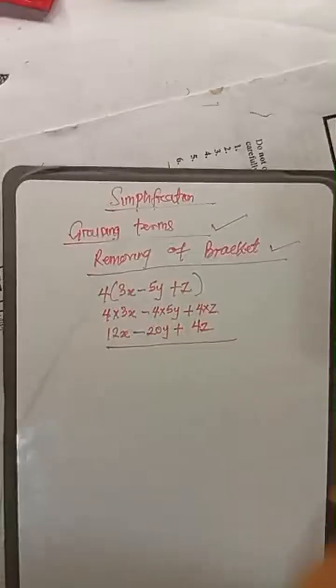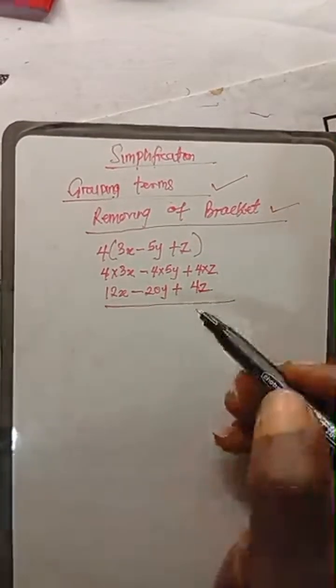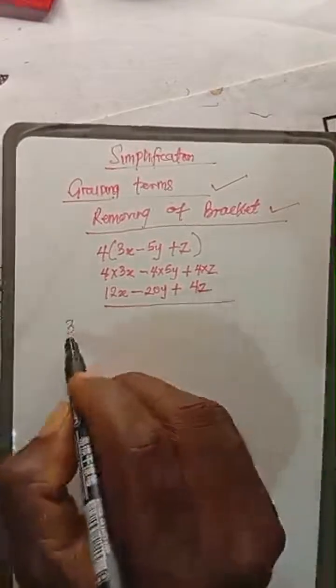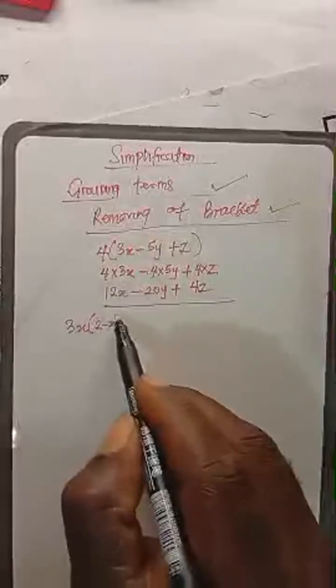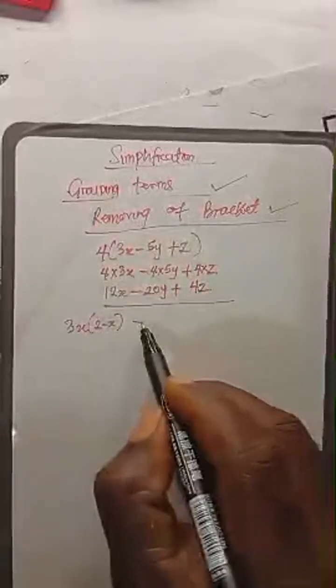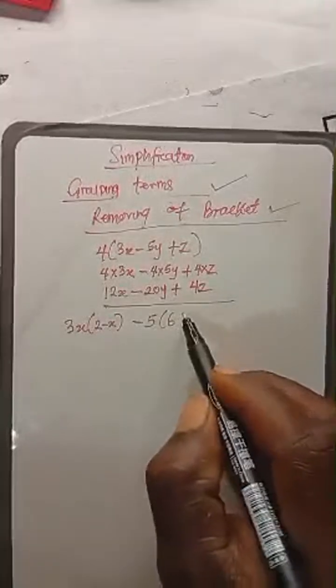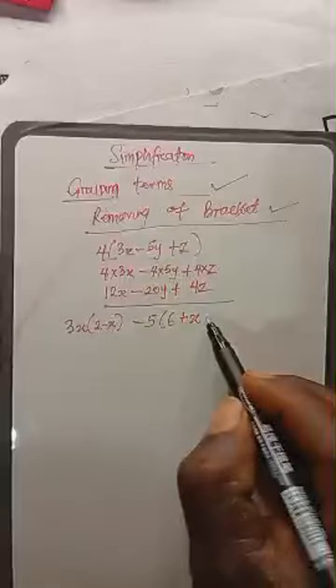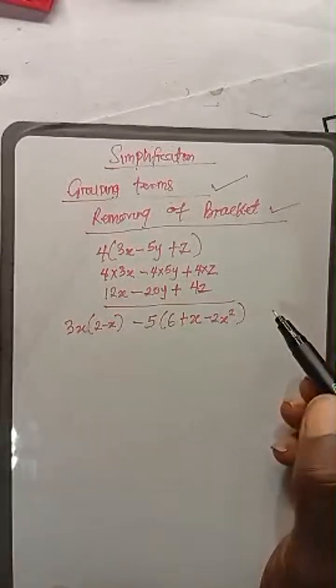So let me have another example. Somebody says to remove 3x onto 2 minus x minus 5 onto 6 plus x minus 2x squared.